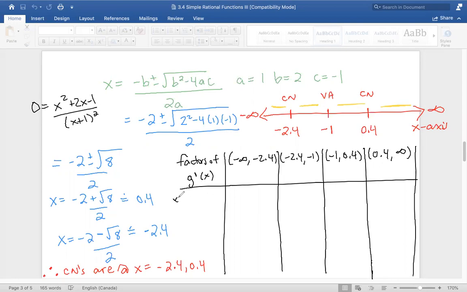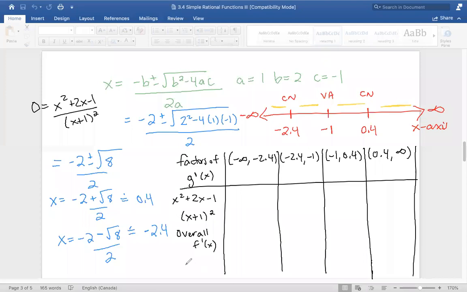So my numerator is x squared plus 2x minus 1. Make sure you've got the positive and negative signs in there. And then I have the x plus 1 squared. And then I need my overall sign of the first derivative. I know what my critical numbers are up there, so I'll erase this for now.